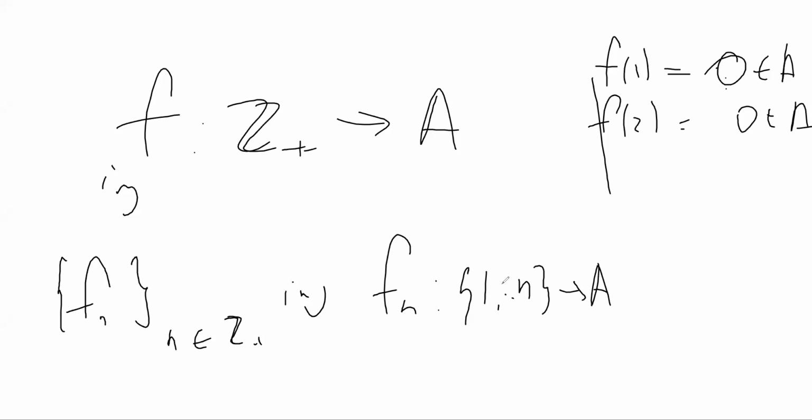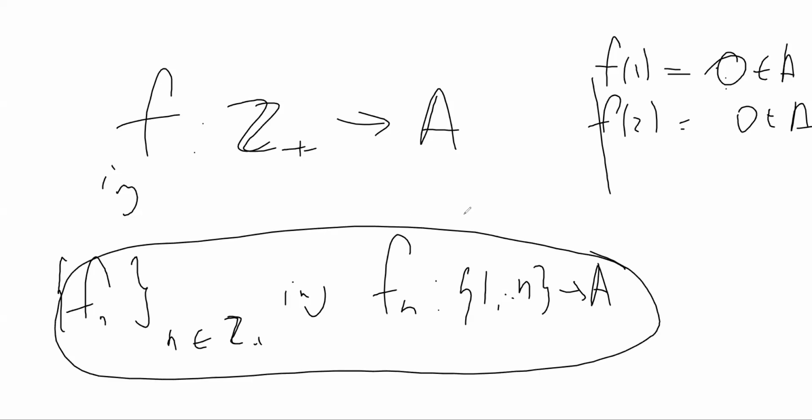But here they ask you not to use it, because you have to come up with a choice function yourself. Basically they give you, as a supplement, this family of functions, and you just have to build a general function from integers into set A.